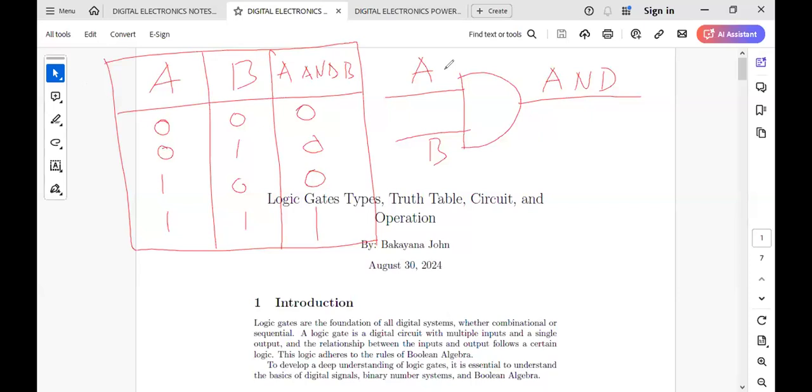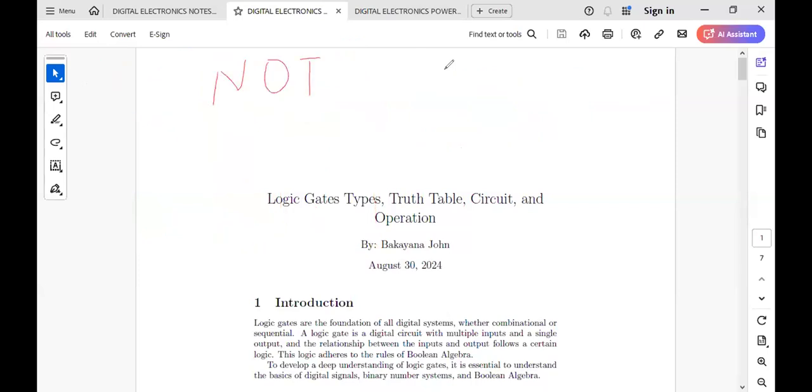We are looking at the NOT gate. The NOT is sometimes called an inverter. I'll just give an example. You know how you press a switch in the position where you expect it to be on, now the bulb is off.